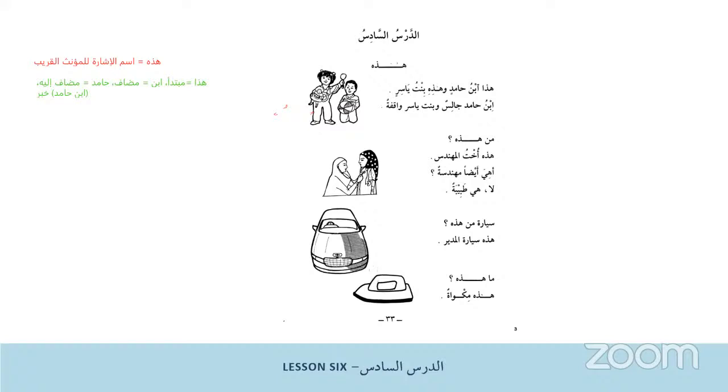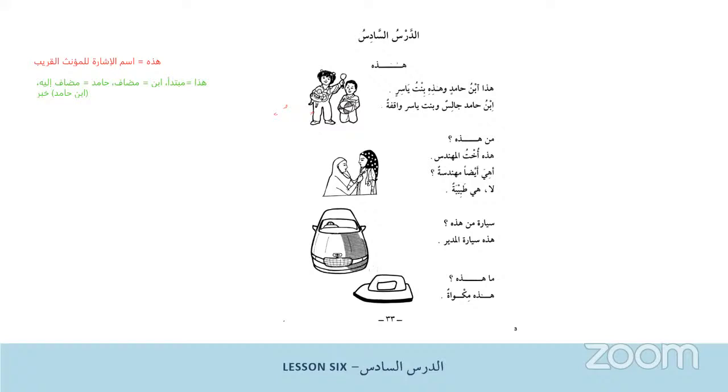So Bintu Yasirin, mudaf ilayh, will become mubtadaun. So we're treating this as another sentence. And waqifatun is the khabar. And then Bintu Yasirin, which is mubtada, and the khabar, which is waqifatun, will group together to become ma'tuf upon Ibn Hamidin Jalisun. And then you want to conclude the whole sentence in terms of tarkib.